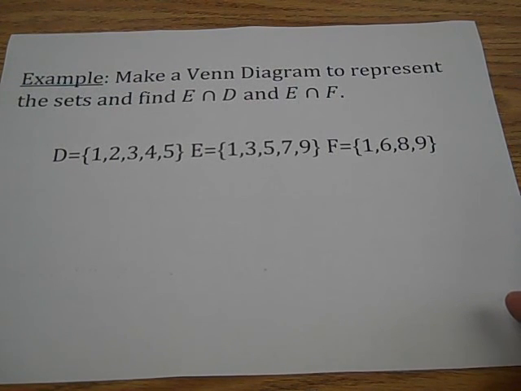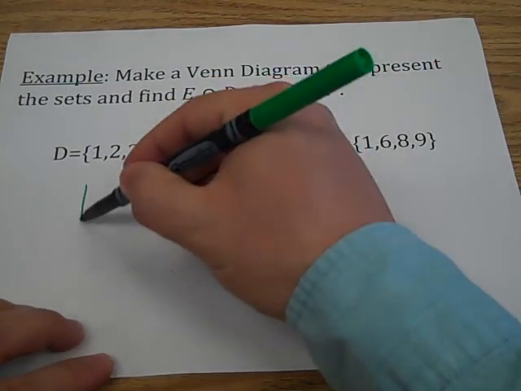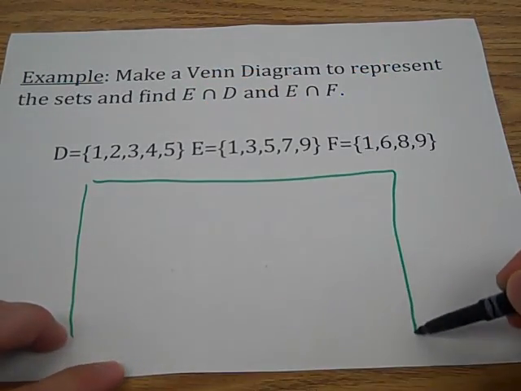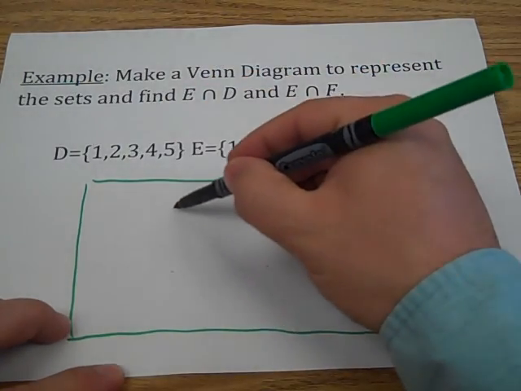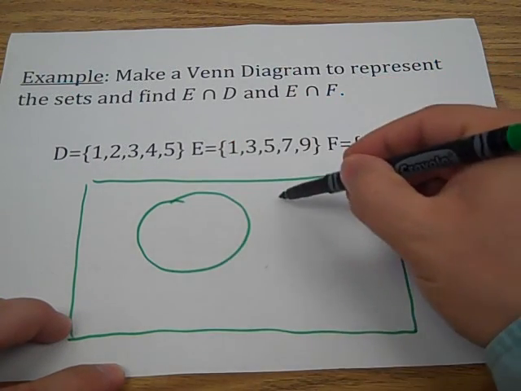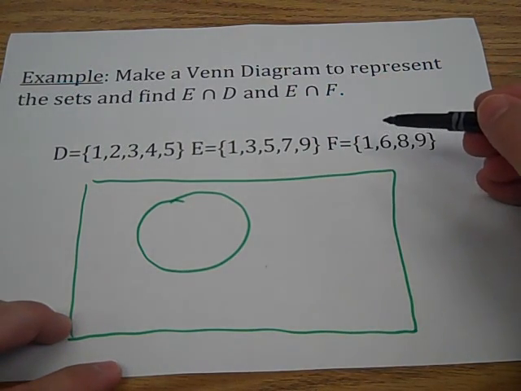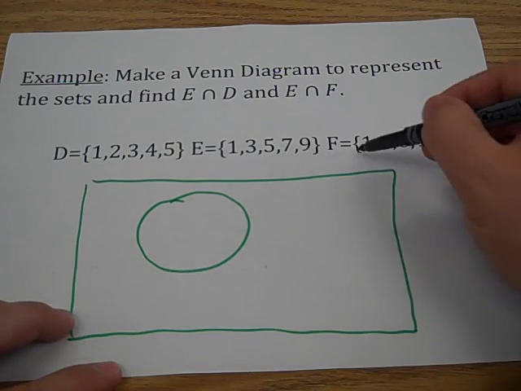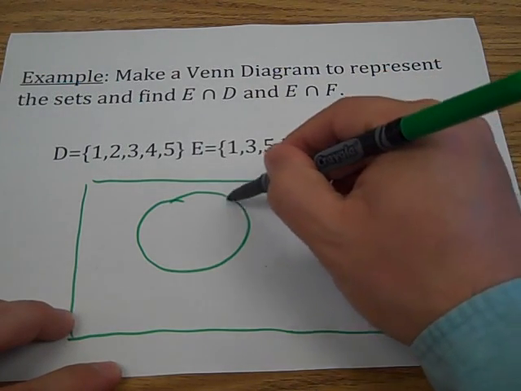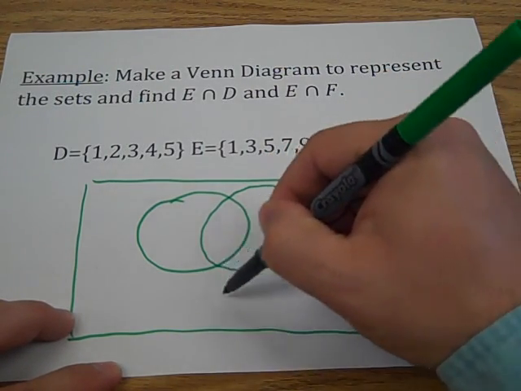Let's do another example here. I have 3 sets this time, so maybe I'll make a little bit bigger box. We have D, E, and F, and we can see that they all have 1, so they're all going to intersect each other.